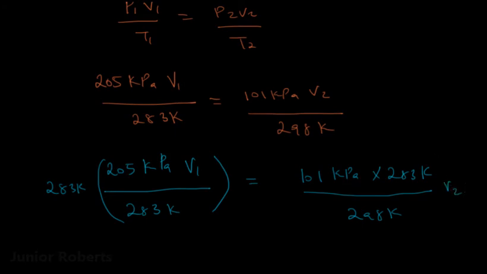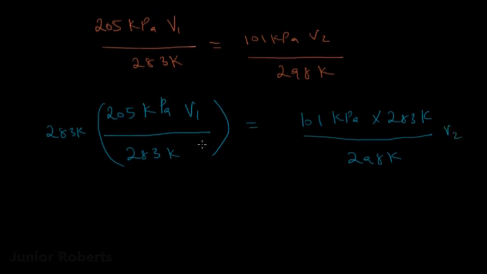Right, so once I'm in here now, I can pull on the services of my calculator. First of all, when I multiply this side by 283, I will end up with 205 kilopascals times V1 is equal to, and I can start to simplify this portion of the equation.